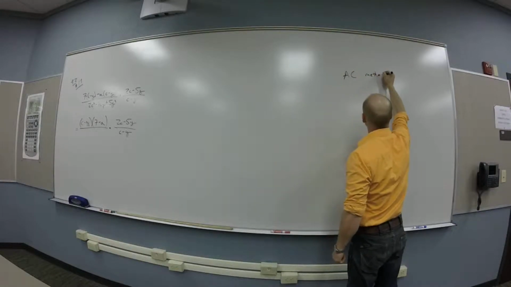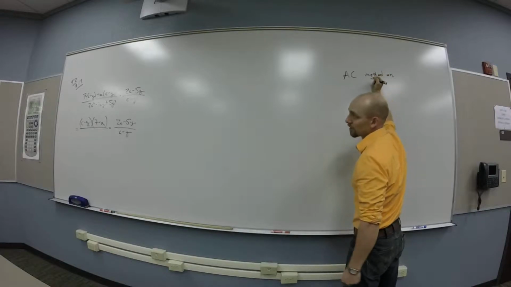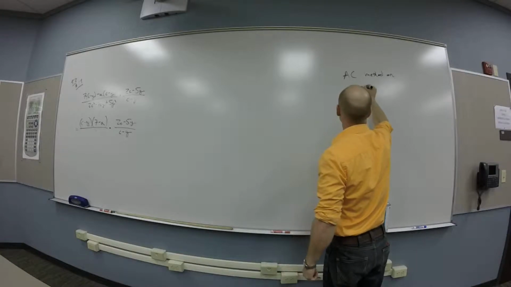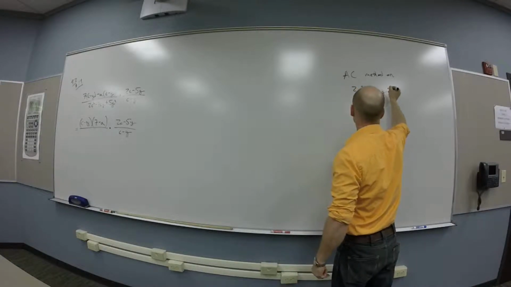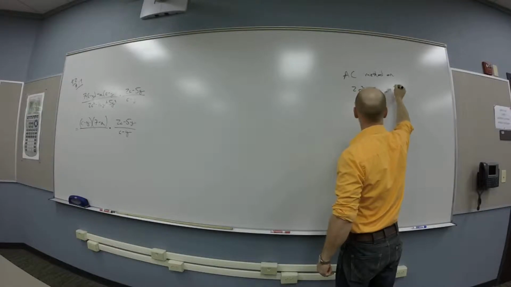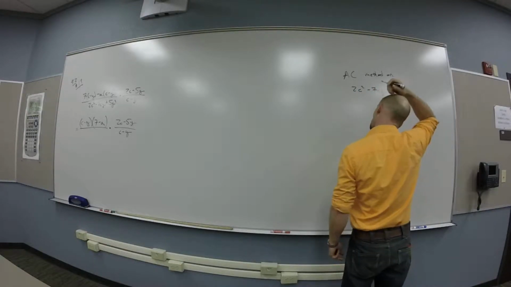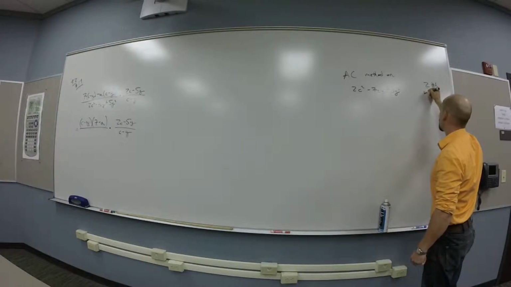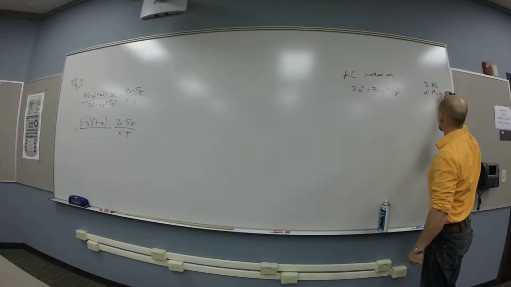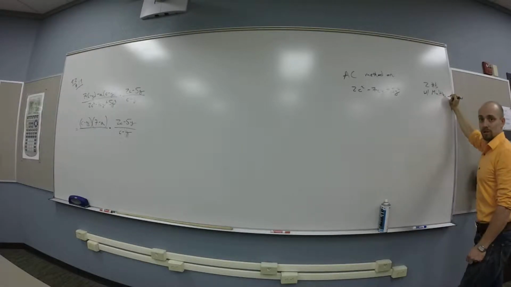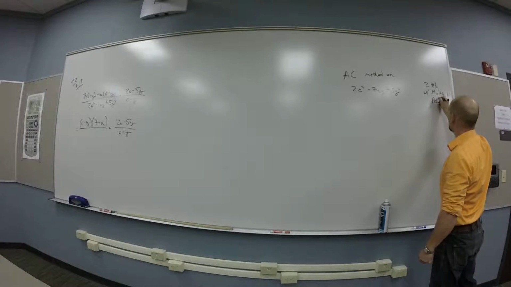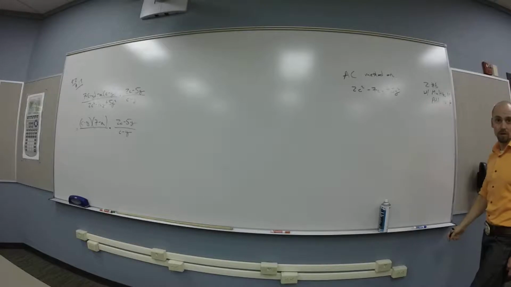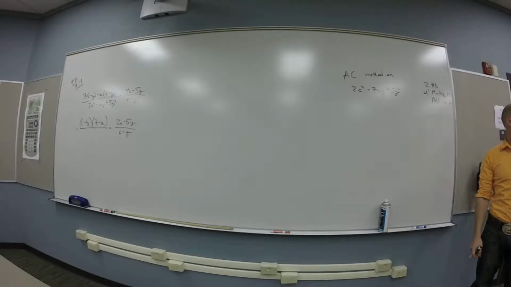So I'm going to run the AC method on 2c squared minus 7cy plus 5y squared. Okay, so I'm looking for two numbers that multiply to 10 and add to negative 7.